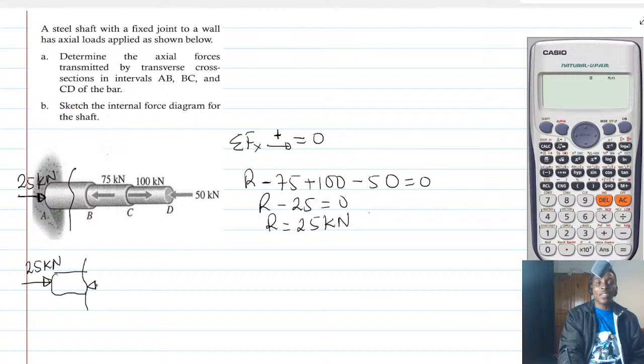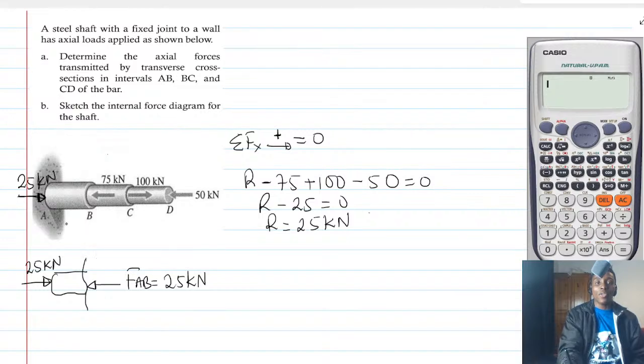FAB must counter it with 25 so that it will be in equilibrium. So in other words, this force FAB here is going to be 25 kilonewton for equilibrium. Is that right? That's all.